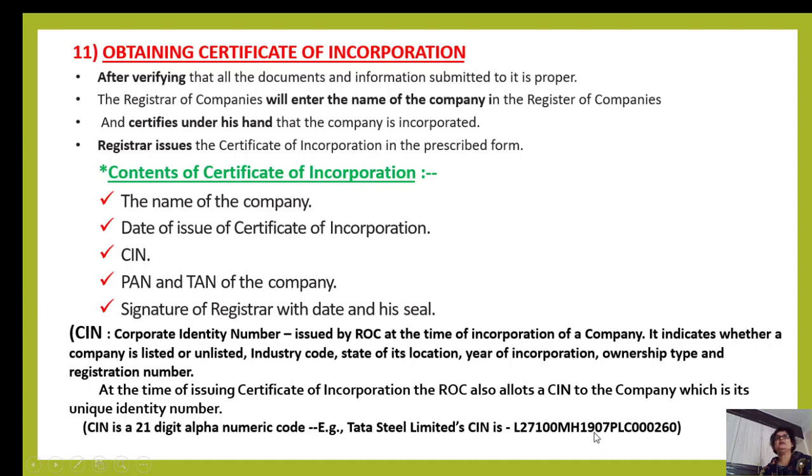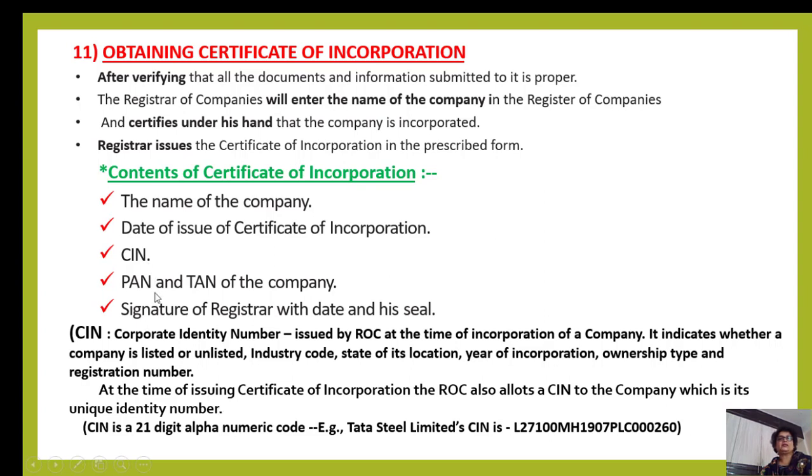When you register your company, you mention that year. Then the ownership type, whether a public company or a private limited company. And then the last one, the registration number, which is also important: 000260 is the registration number. So when we get the CIN number, this number is very important.